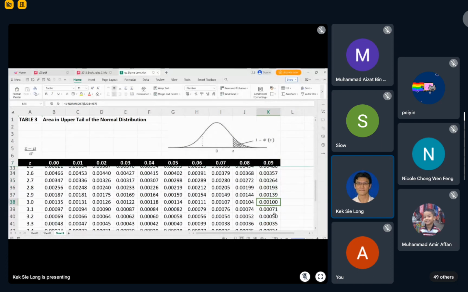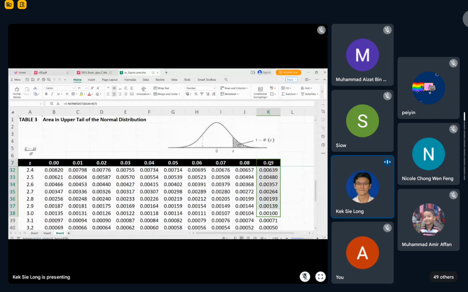I repeat, refer to 0.001, you read according to the row, which is 3.0, and then along the column you see 0.09. So 0.001 is given by 3.09. The z score is 3.09.